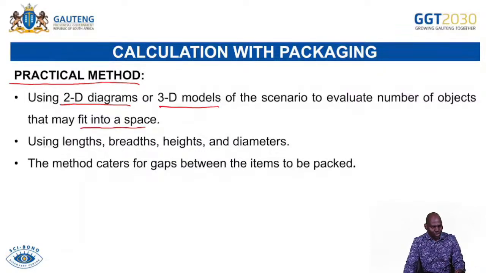Then we use length, breadth, height, and diameters of the items that we are going to pack, or the containers that are going to be used to pack the items. The practical method caters, in other words, it takes into consideration the gaps between the items to be packed.